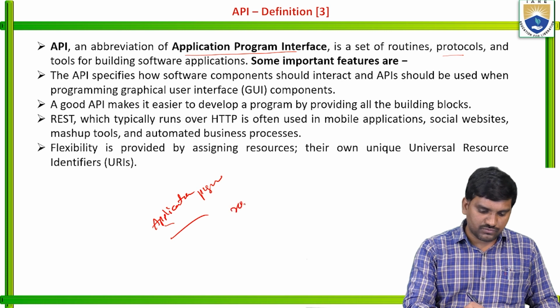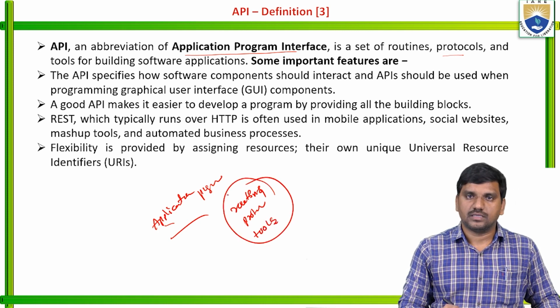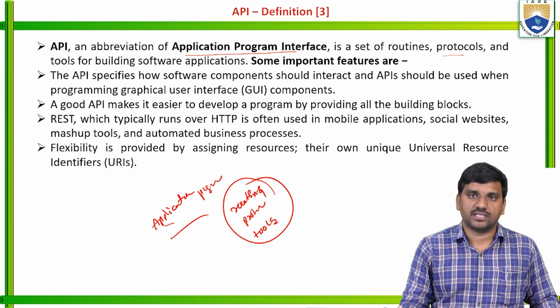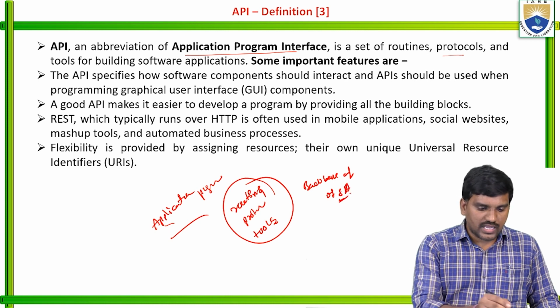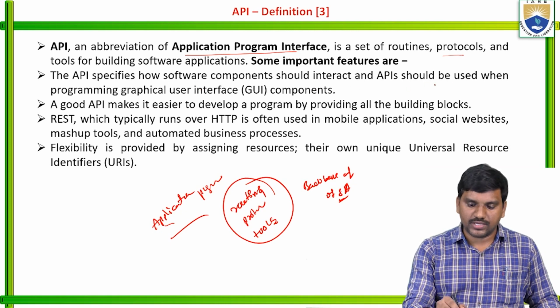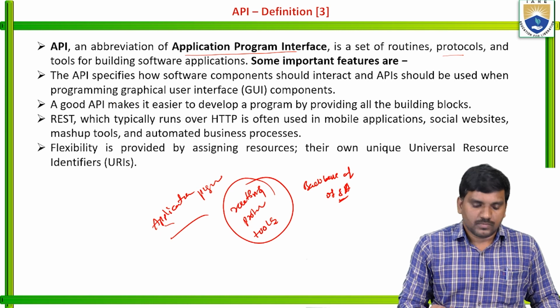So it is a set of routines, protocols and tools to build software applications. In one word, it is the backbone of a software application. The API specifies how the software components should interact, and the API should be used when programming graphical user interface components.